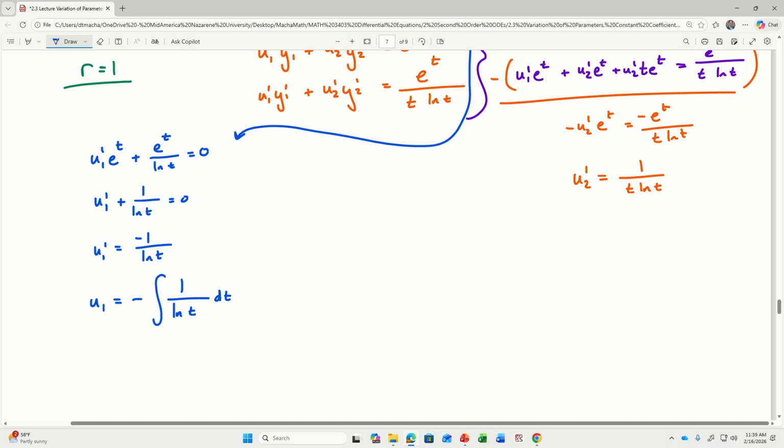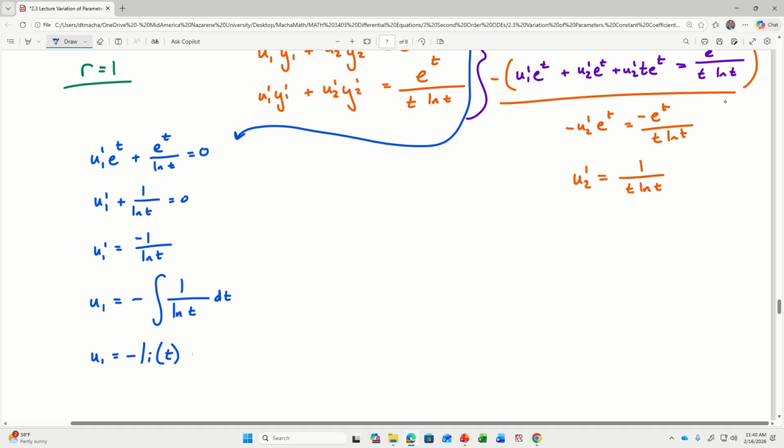We cannot take this antiderivative, and not just because we're dumb. It's already been proven that it's impossible to write it in closed form. So a shorthand that some people use is a lowercase li of t plus a constant. Or you don't need a constant, right? We talked about how that's a little bit unnecessary when we solve for the u's. But li stands for logarithmic integral, and so that's a common shorthand.